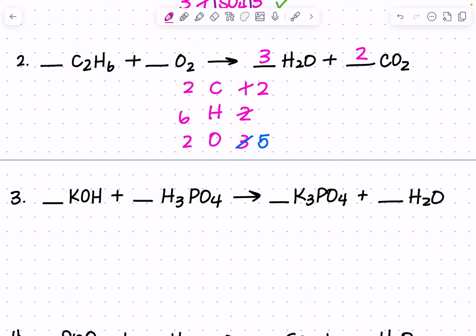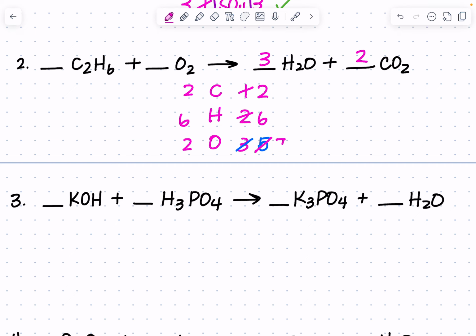I can multiply by 3, which will give me 6. But that 3 also affects my oxygen. So now, let's see. Now I have 3 oxygens here plus the 4 oxygens that were there. So my total is 7. All right, I have nothing else to fix, and I have an odd and an even number.